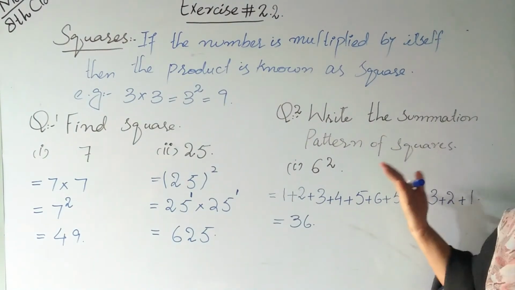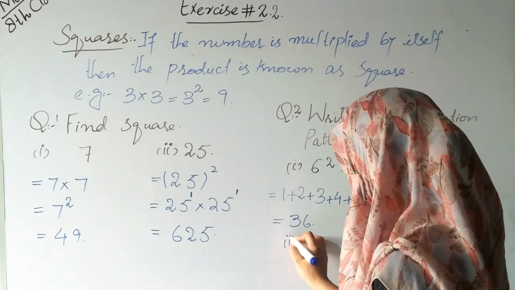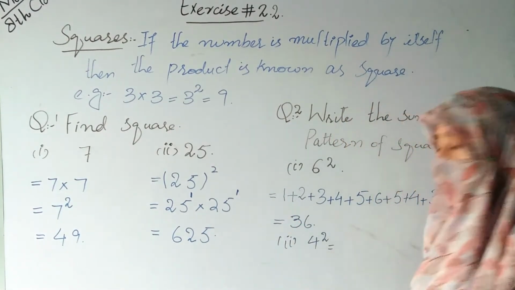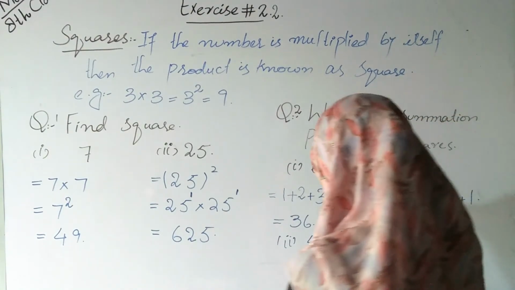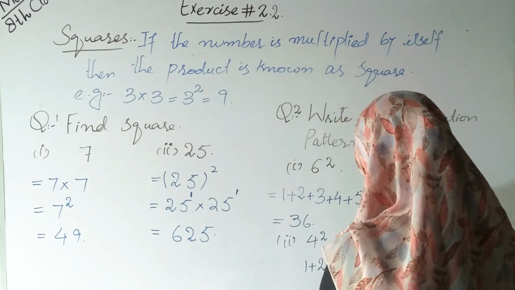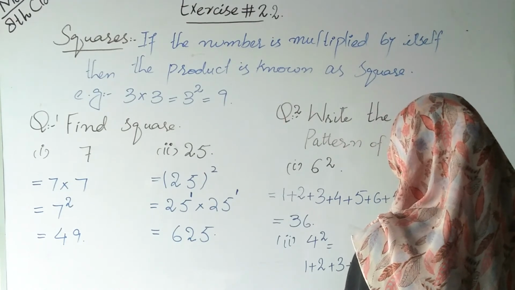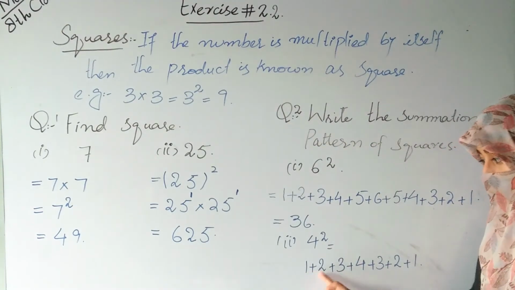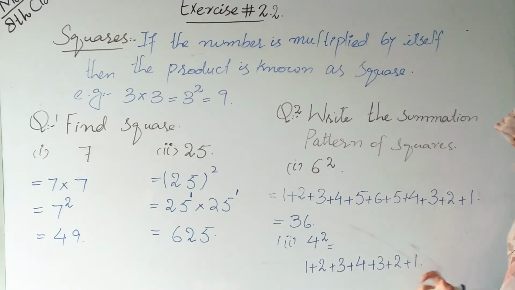Now if we want to find the square of 4, we write in the same sequence: 1 plus 2 plus 3 plus 4, then decrease: plus 3 plus 2 plus 1. 4 square is 1 to 4, then decrease, plus 3 plus 2 plus 1.